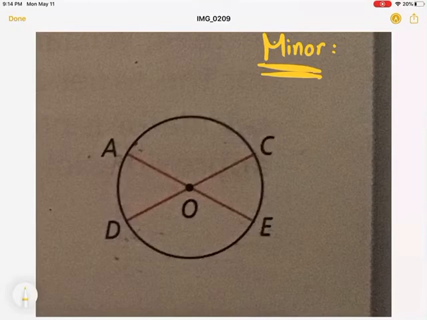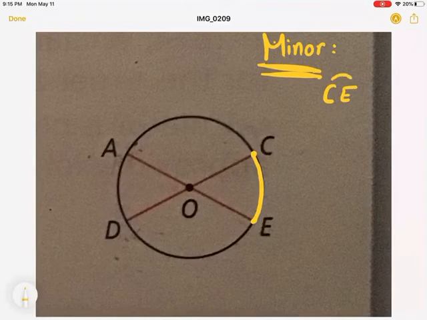For minor, you have to have two letters. So if I start from C and stop at E, isn't this section less than half of the circle? That's going to be my first example of a minor arc. So CE could be the first example. Now if I look at DE, or ED, the same thing, DE could be another example.